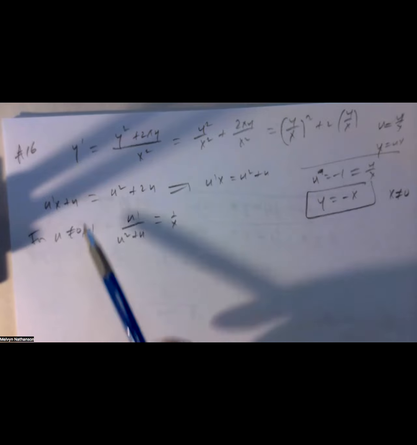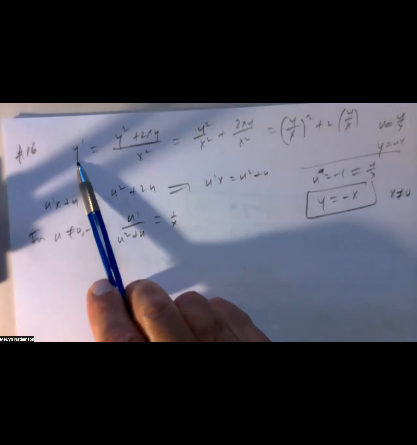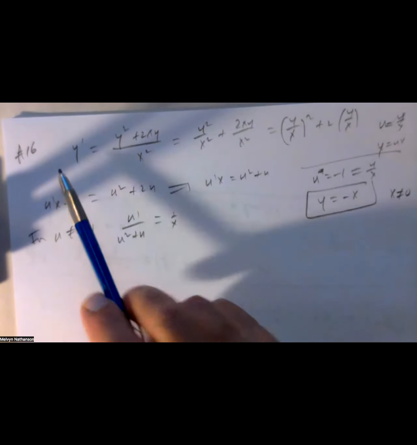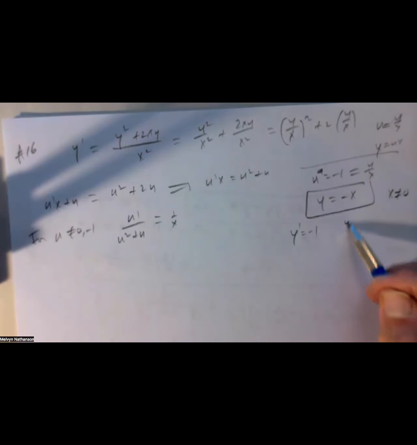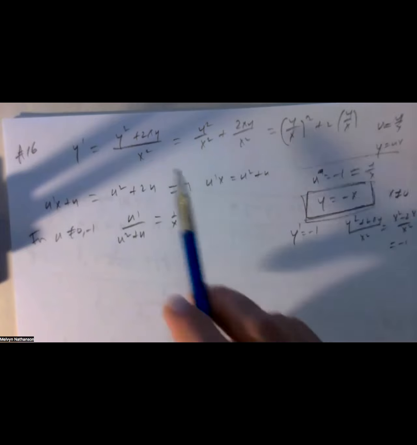But if you let y equal minus x, y prime is minus 1, y squared plus 2xy over x squared is x squared minus 2x squared over x squared, which is minus 1. This checks. So this is a solution of the differential equation.